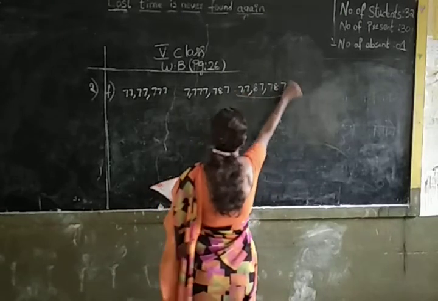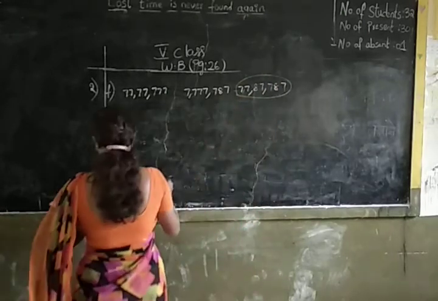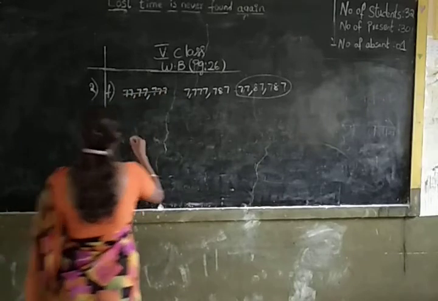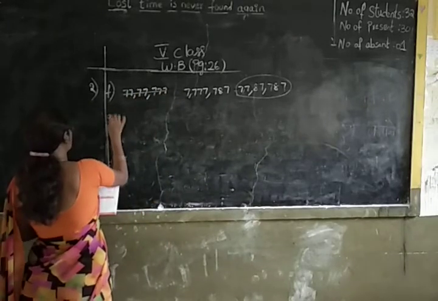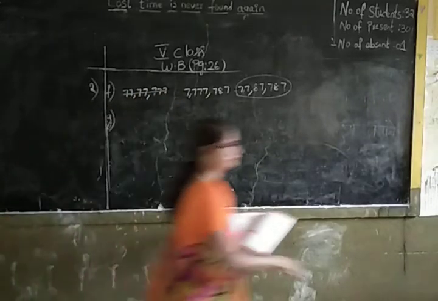Among these, this is the largest number and this is the smallest number. Now let us do the G sum.